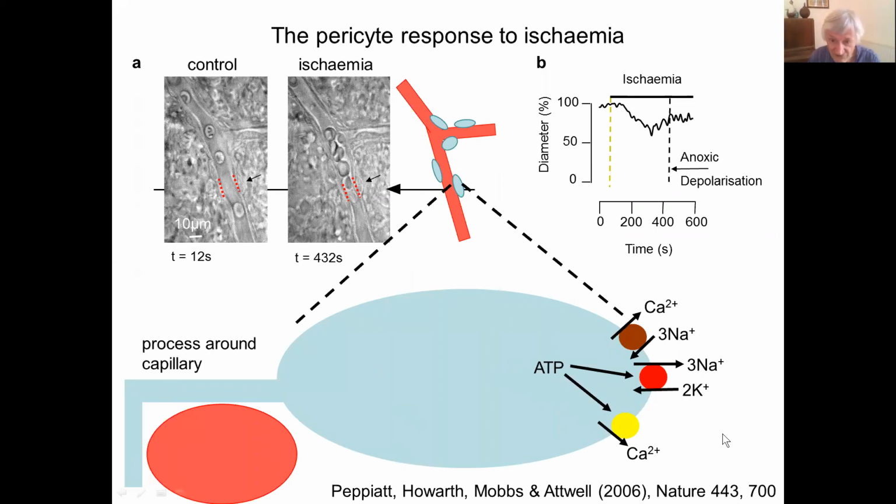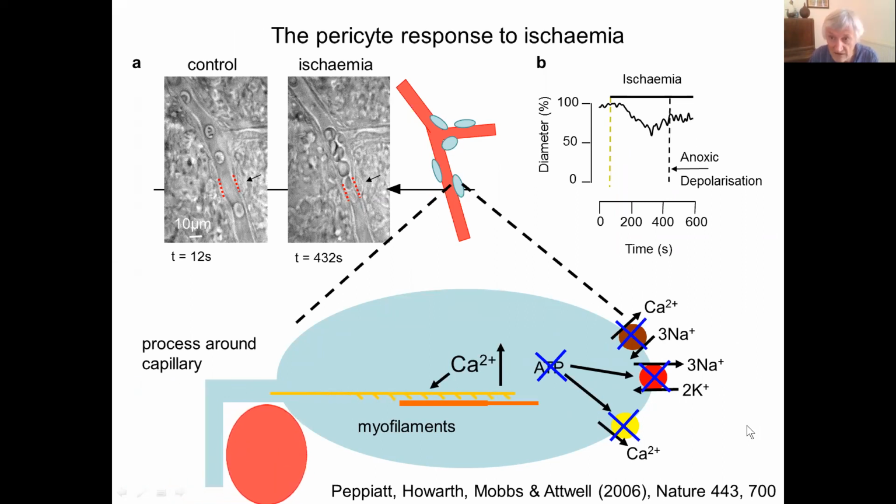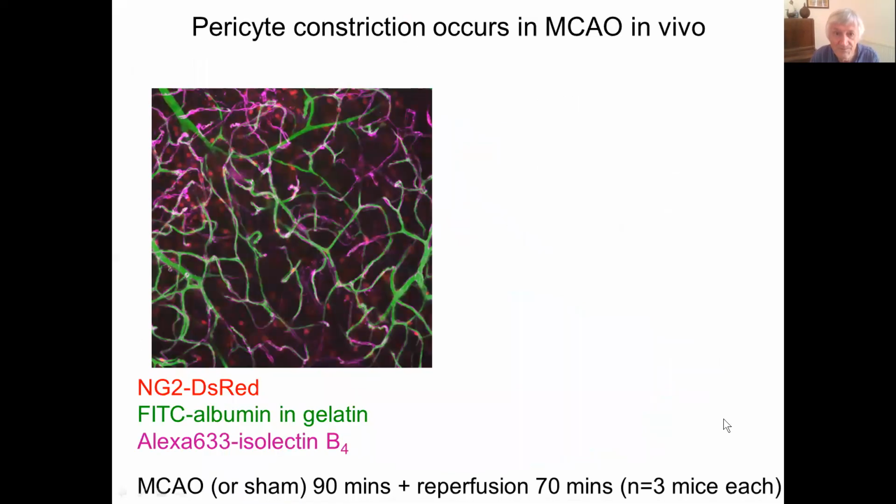And so when you have a stroke and there's no ATP, that calcium pumping stops and the calcium concentration rises, and that will activate the myofilaments and that will squeeze the capillary, okay? But that doesn't explain why it's so long lasting. You would think that when the blood comes back, all of that would be reversed, but it isn't.